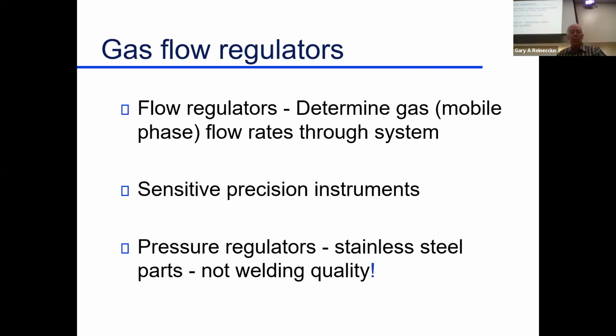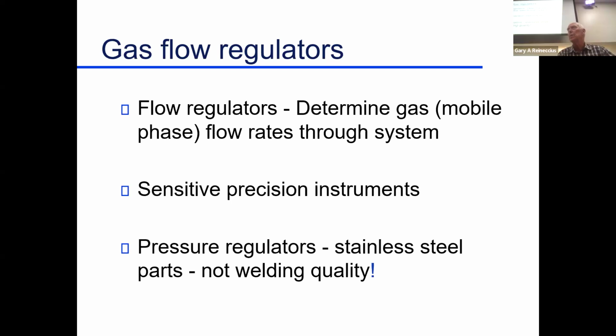We have to control the flow of these gases through the system, obviously, so we can get a flame burning, or so we can get materials moving through our column. And so we use different gas regulators. That can regulate the pressure, basically, of the gas coming into our system. And these, again, are sensitive precision instruments, not welding or any other use.